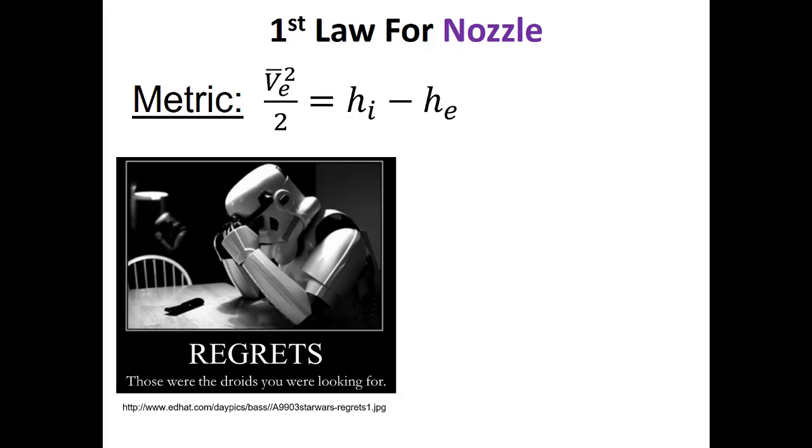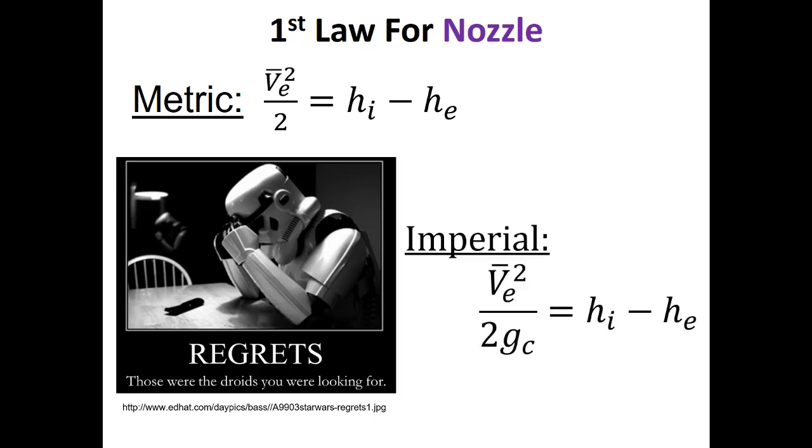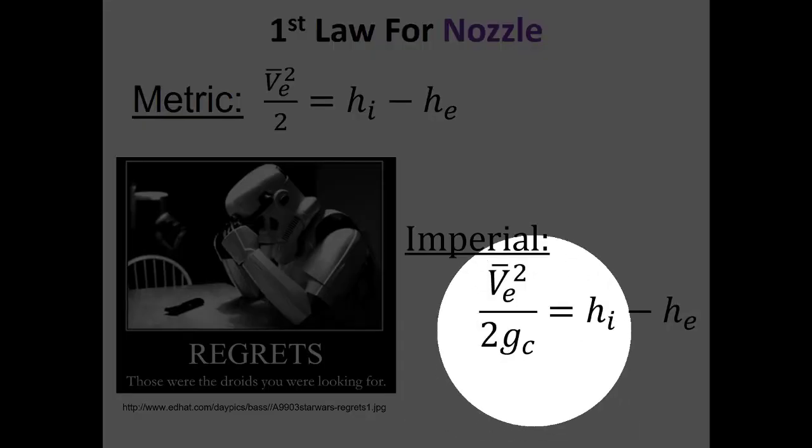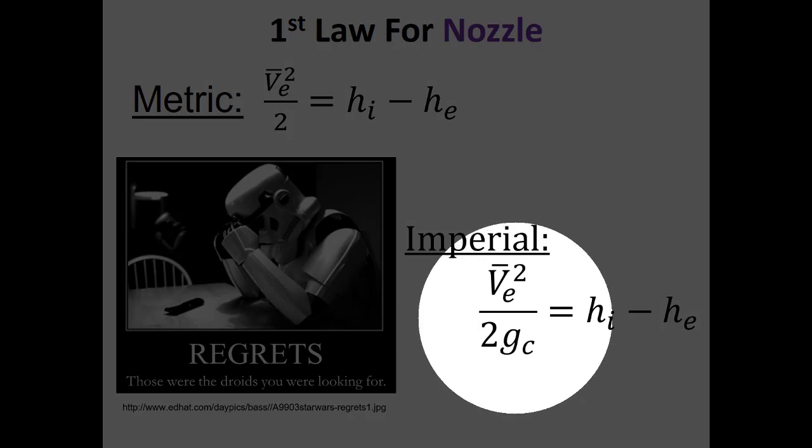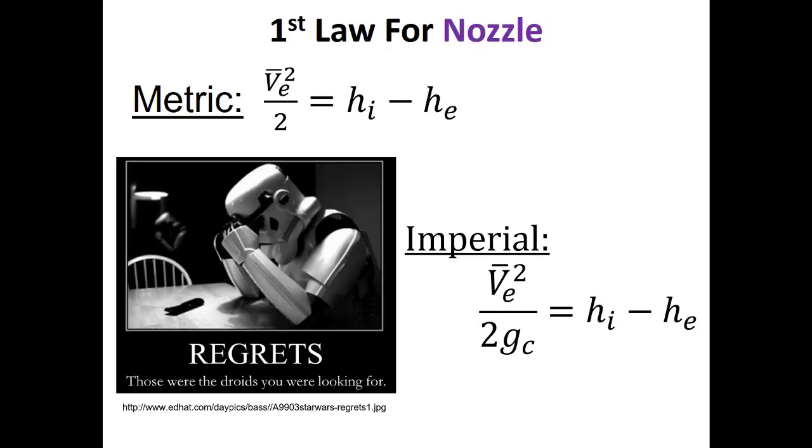But what do I do if I'm dealing with imperial units? Here, I need to divide this kinetic energy term by V exit squared divided by 2gc. So this term changes just so I can get the right quantity. But again, for both metric and imperial, this now gives me the right quantity, but the units will probably be off.